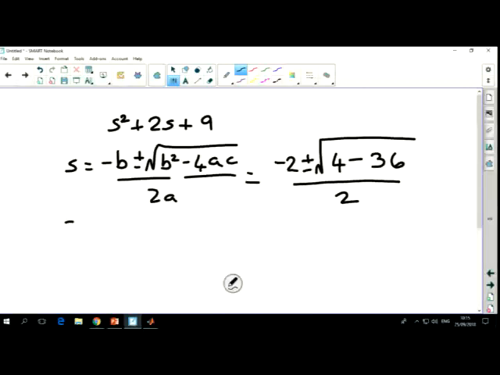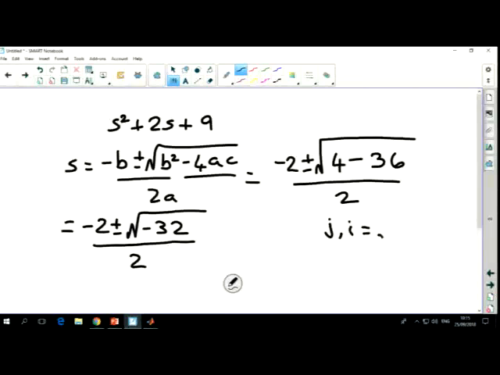So carrying on from there, negative 2 plus or minus the square root of minus 32, over 2. Can you do the square root of minus 32? Try typing that in a calculator. No, that's not going to work, is it? But what you can do is use your complex numbers, remembering that your complex number, j, or sometimes i, is the square root of minus 1.